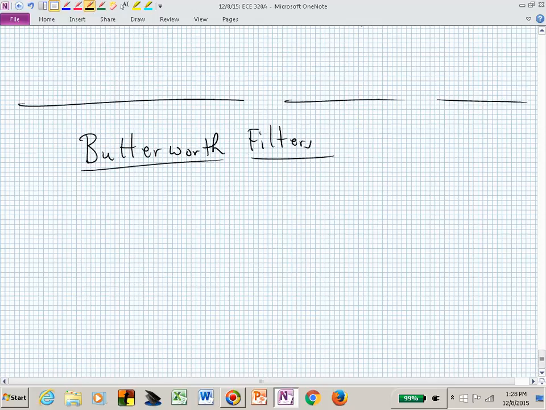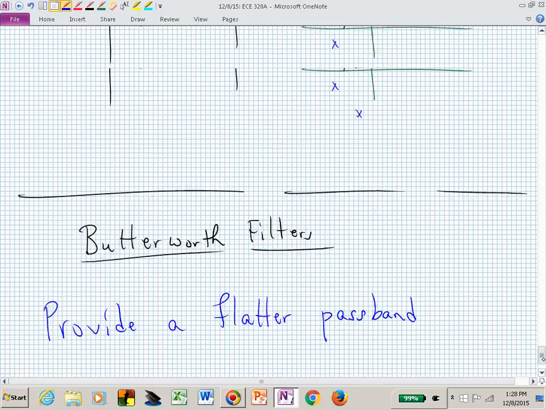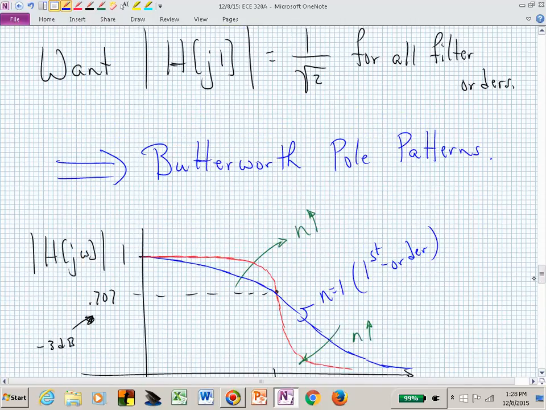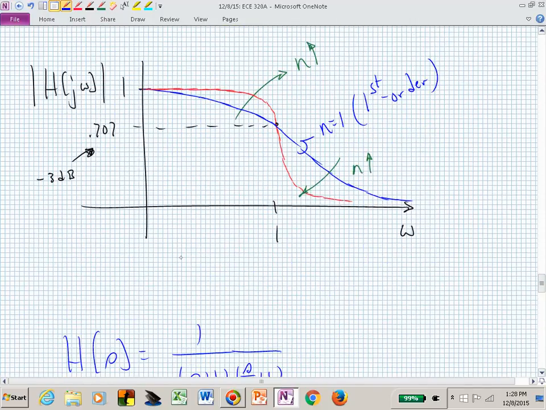Butterworth filters. These filters provide a flatter pass band. Maybe I should, just to develop terminology, mark this as our pass band, and this is the stop band.